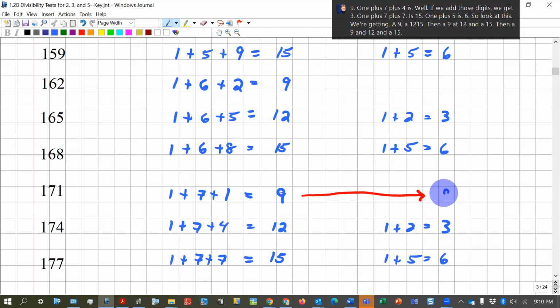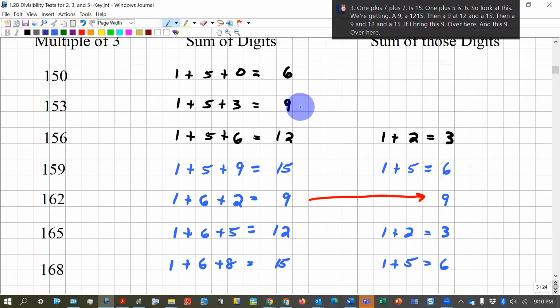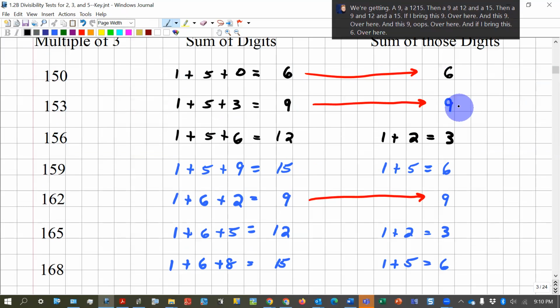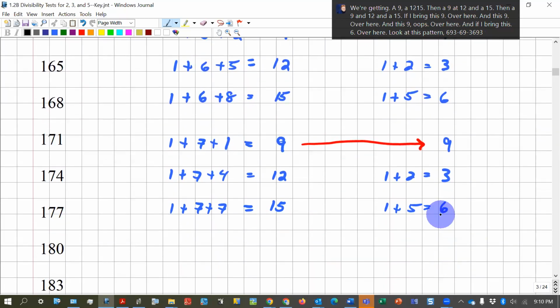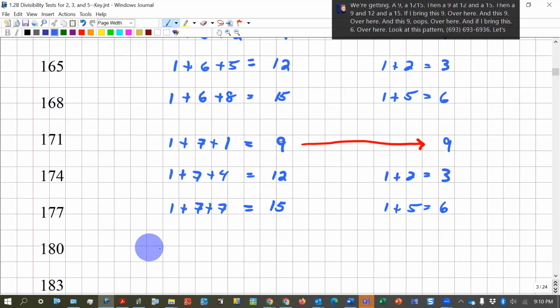If I bring these 9s over here, and if I bring this 6 over here, look at this pattern: 6, 9, 3, 6, 9, 3, 6, 9, 3, 6. Huh, let's see if it keeps going.